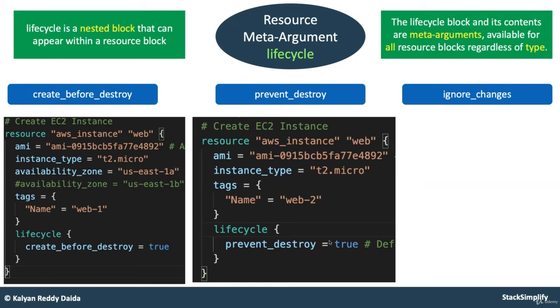But one important thing here is that if you remove the entire resource block itself, say this is a DB instance of your choice and you remove that entire resource block from your configuration and then execute the Terraform destroy or Terraform apply command, at that point of time it is going to get deleted. As long as prevent_destroy is true in your configuration for that resource, that resource is safe.